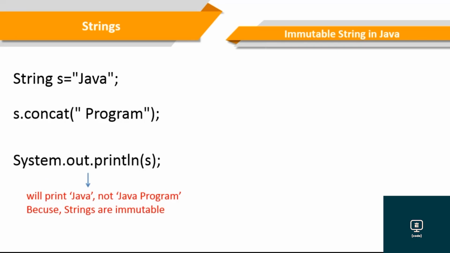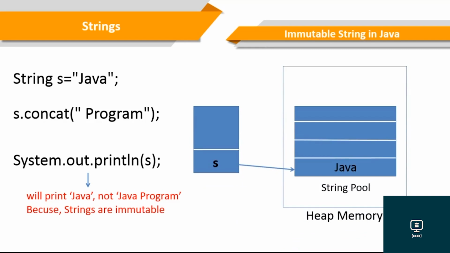So we declare a string object s with Java as its value. This new string instance is created and placed in the string pool. So what if we use concat as our method to append the string with the value program at the end? Also, a new object is created and placed in the pool.